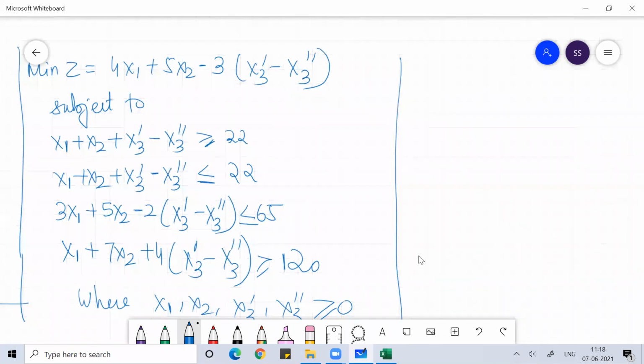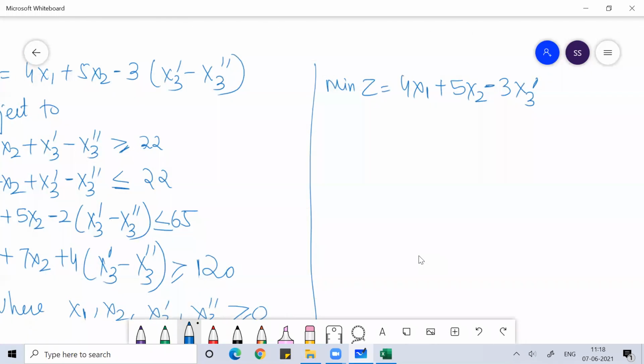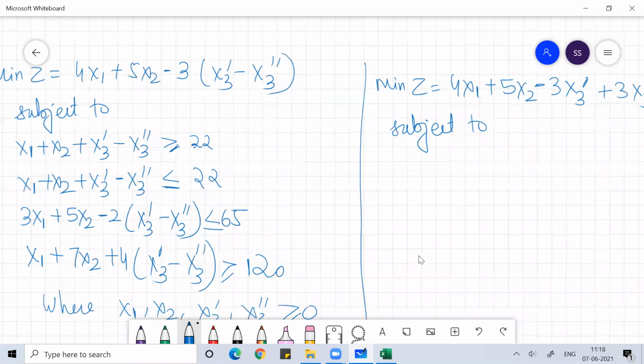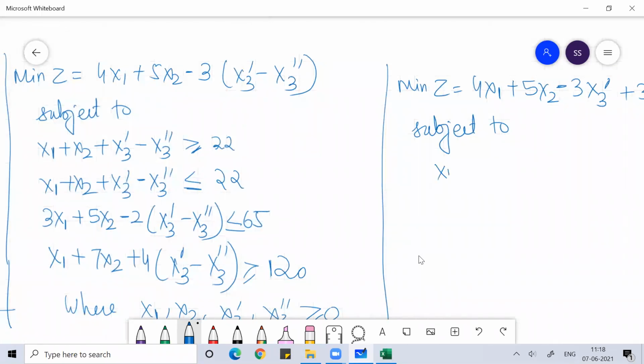Can you understand this? Now I can write minima of z is equal to 4x1 plus 5x2 minus 3x3 dash plus 3x3 double dash subject to x1 plus x2. This is minima, no?